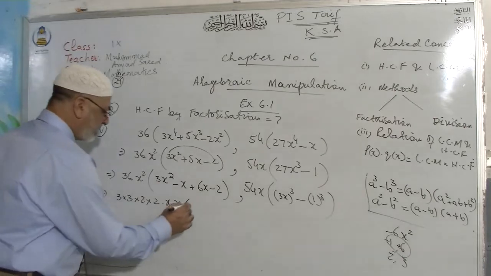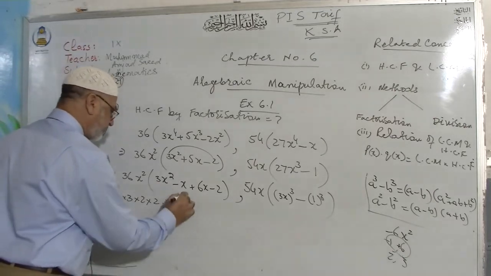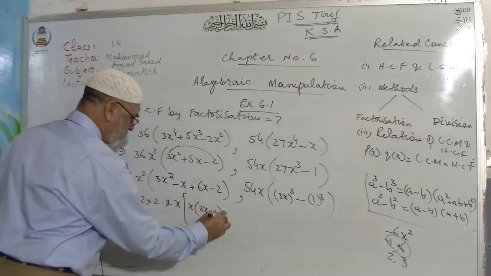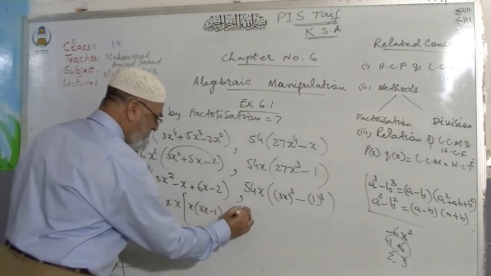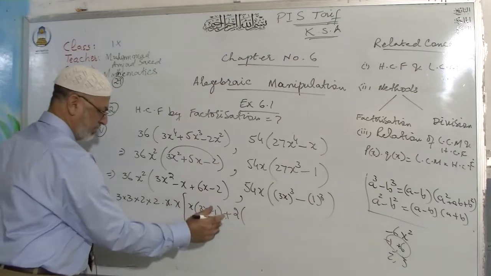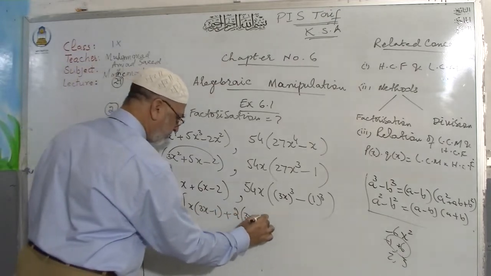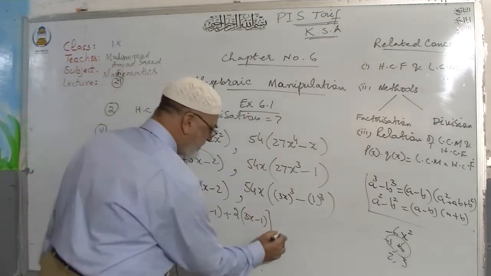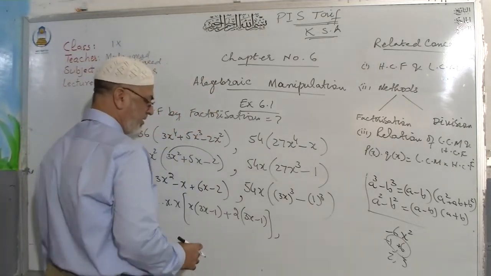From the first two, what will you take common? X common, 3x minus 1 plus 2 common from the last two, 3x minus 1.